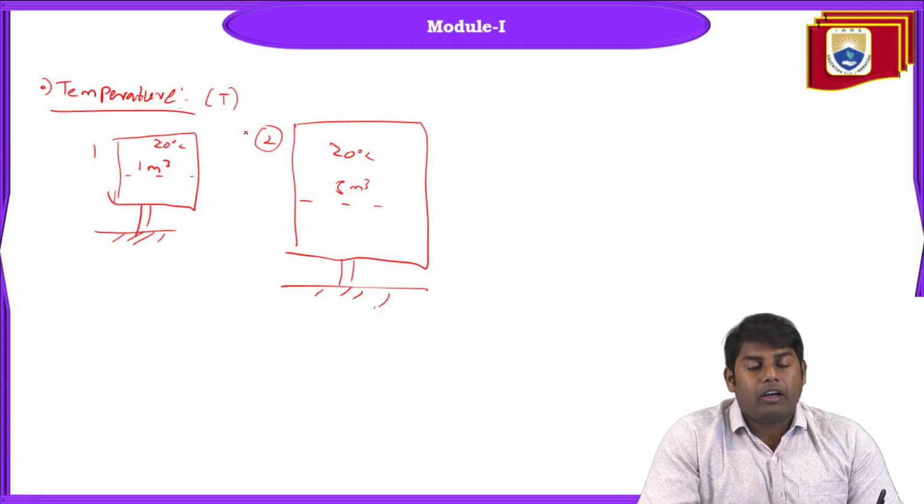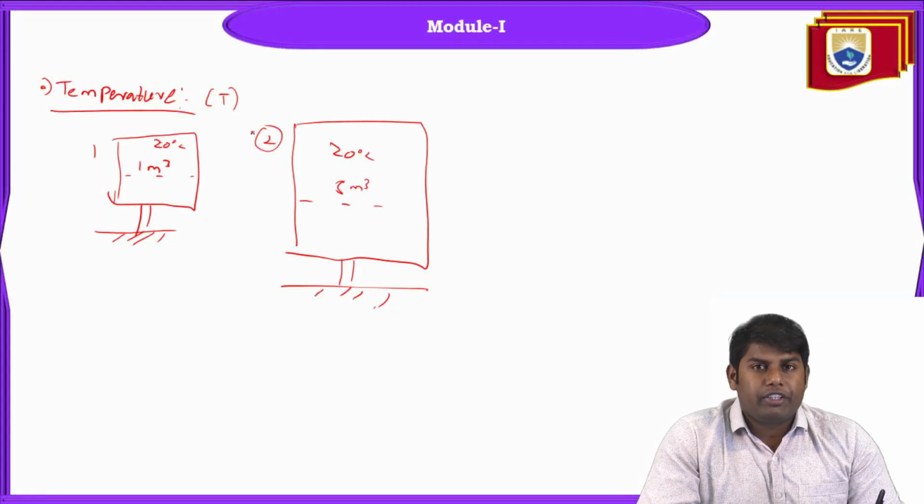Okay. There are three modes of heat transfer: conduction, convection, and radiation. Conduction is because of molecular collision between the solid particles. Convection happens because of the wall temperature and the free flow surface.